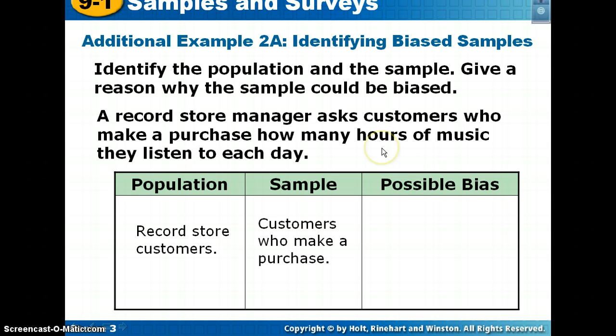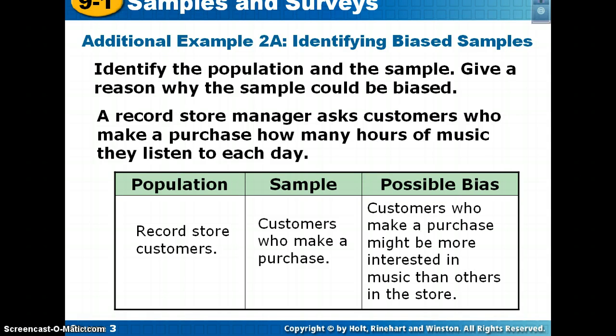The actual sample is customers who make a purchase. What's the possible bias here? Why would this not be valid? Customers who make a purchase might be more interested in music than others in the store. There's your bias. That's why this survey might not be valid.